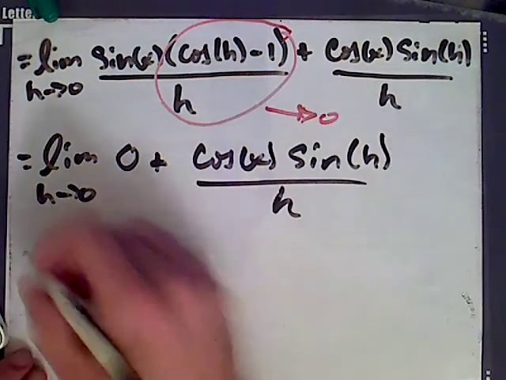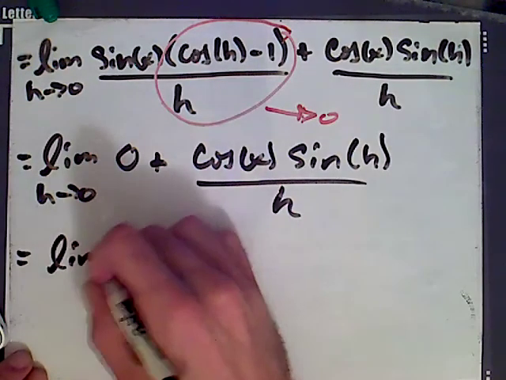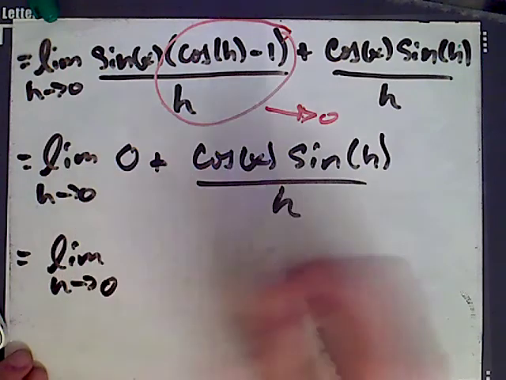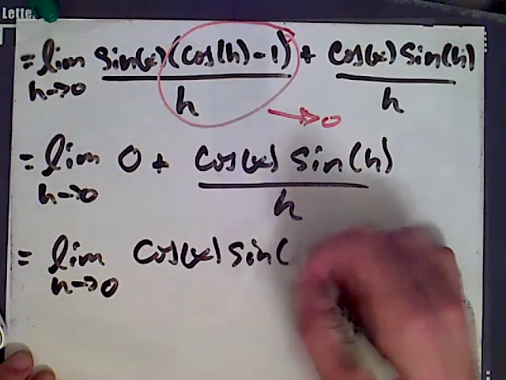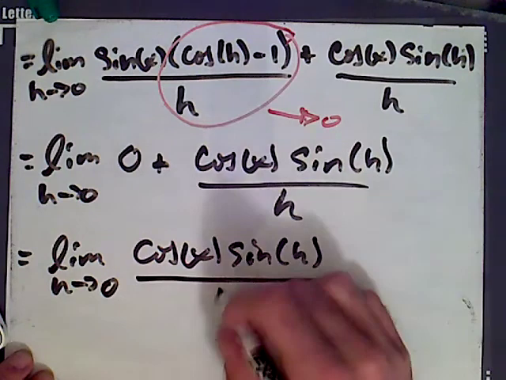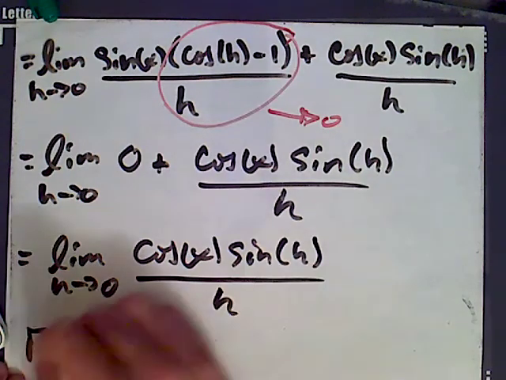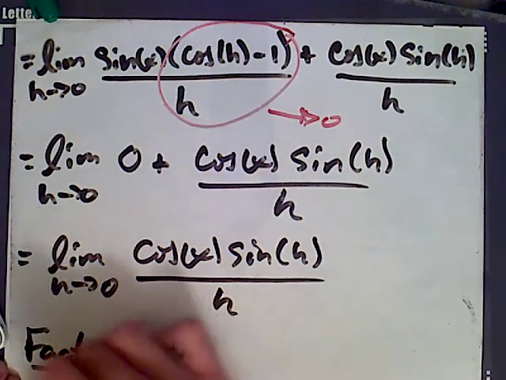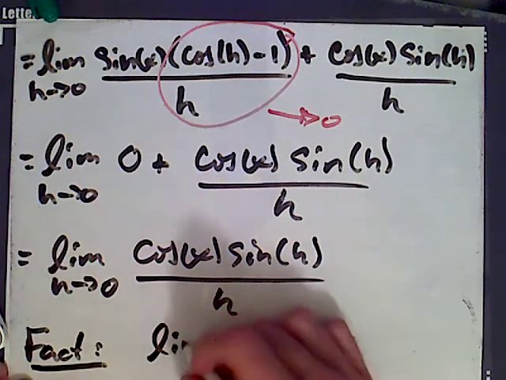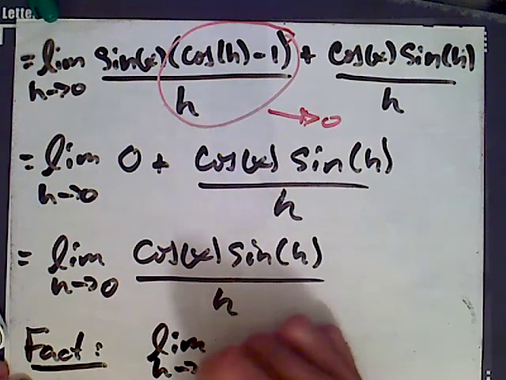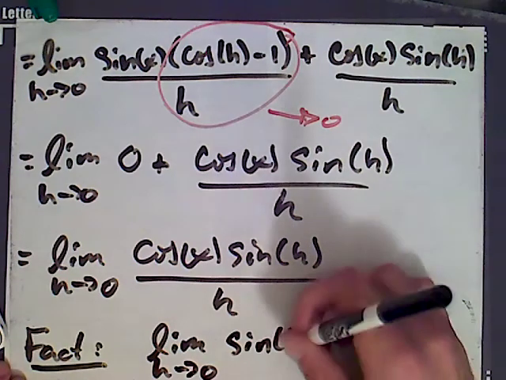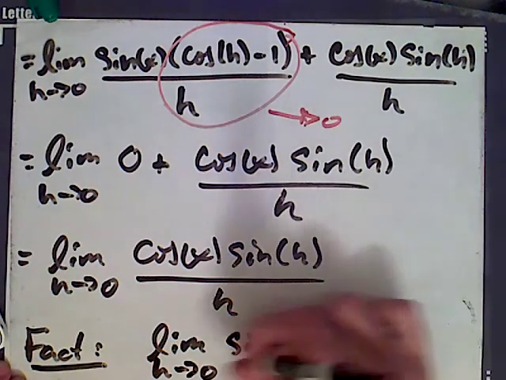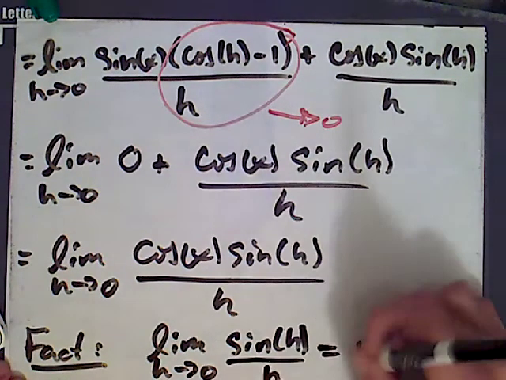Now we need one more fact. We also have the fact, similar to the one given at the beginning of the video, that the limit as h goes to 0 of sine of h over h is 1.